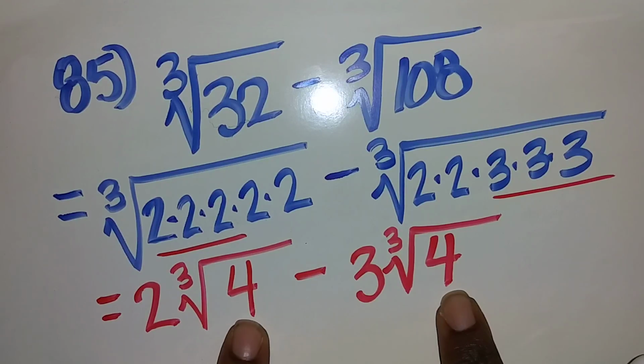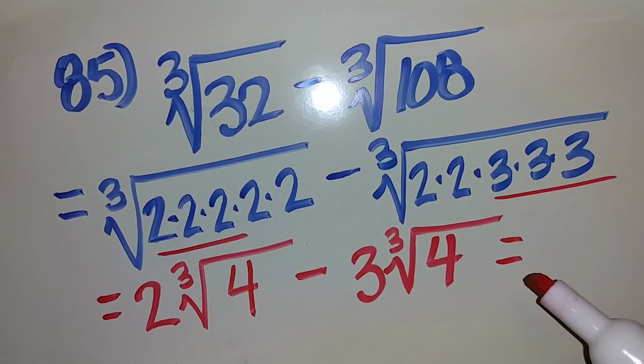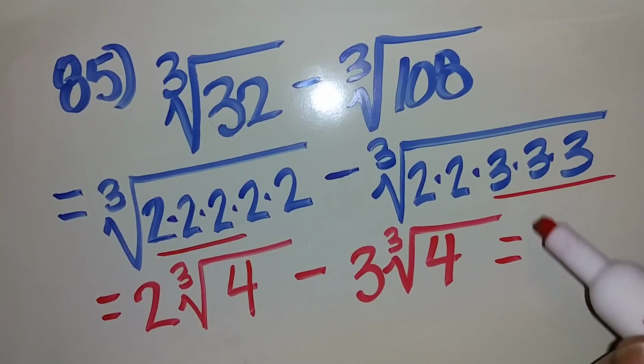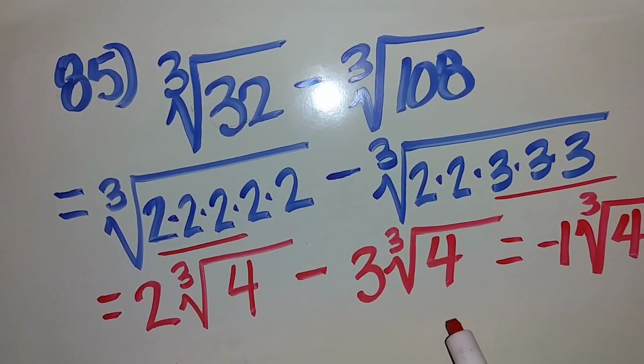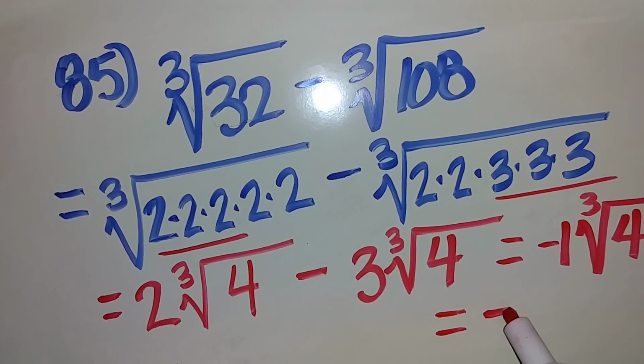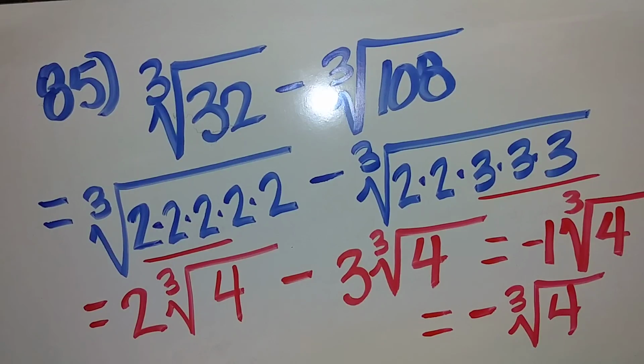So my radicands and index are the same, so I can combine my like terms. So 2 minus 3 is negative 1 times the cube root of 4. But in our book, they do not write that 1. So it's just negative cube root of 4. And it's understood to be a negative 1 as my coefficient.